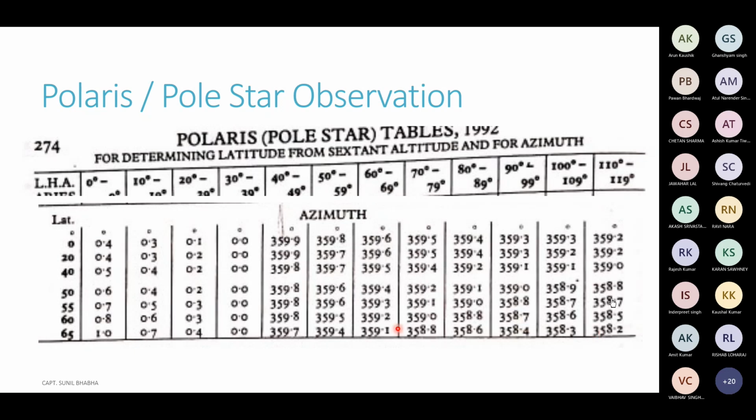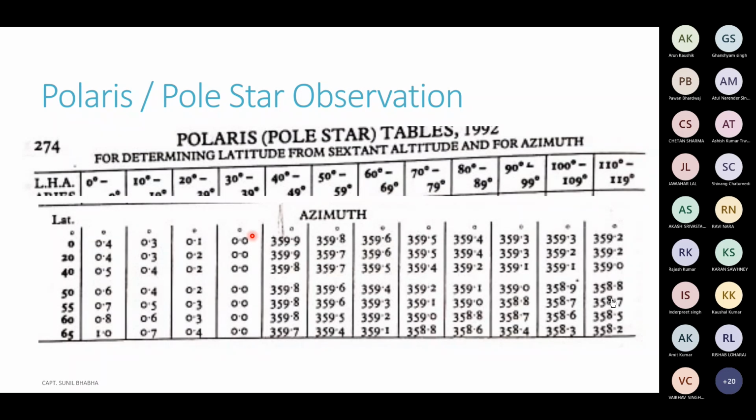Now, one important thing to note here is that if you see the LHA Aries column of 30 to 39, in this column, the azimuth of Polaris is exactly 000.0. That means in this particular LHA range, you will have the Polaris exactly north of you. It will be bearing exactly 000.0.